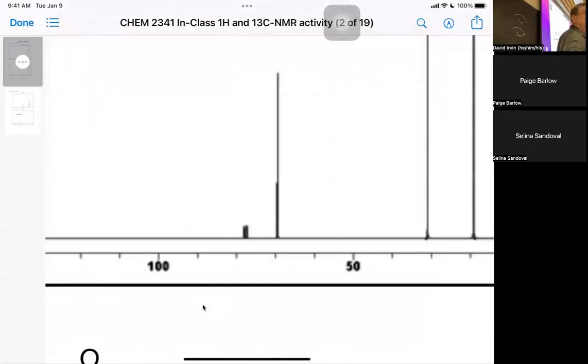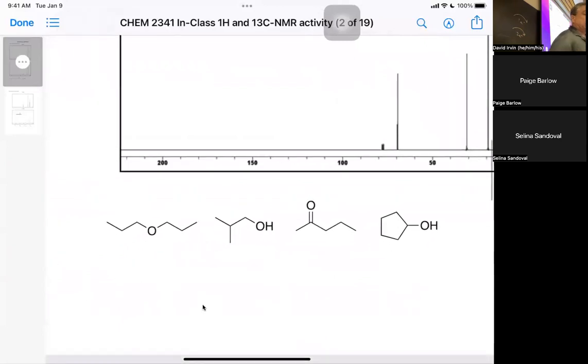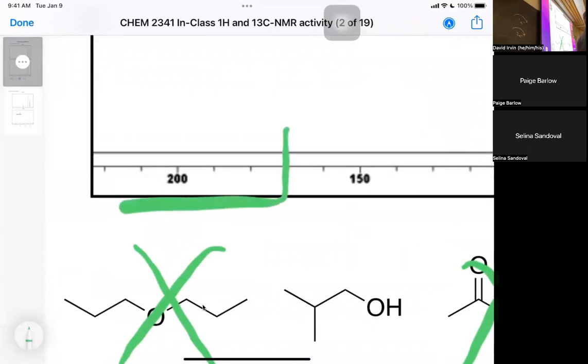Now let's look at our structures here. Right away, just from that information, we can eliminate this one and that one. Why? There's no carbonyl, but there is an OH. There's no carbonyl because our carbonyls would all be here.